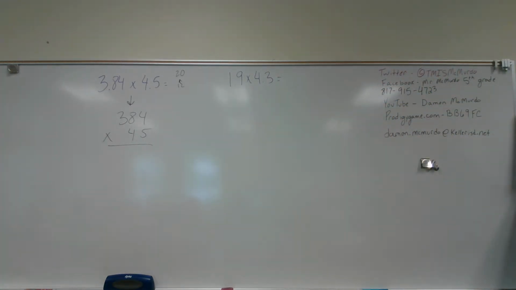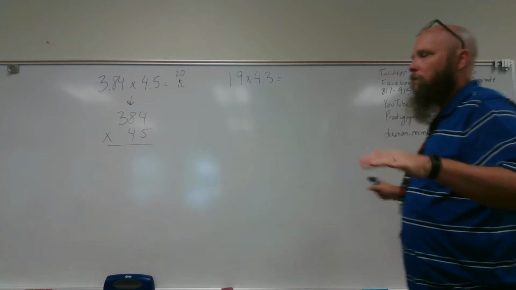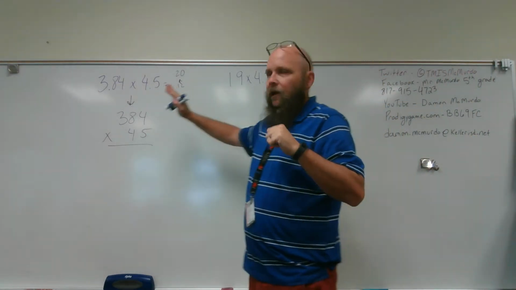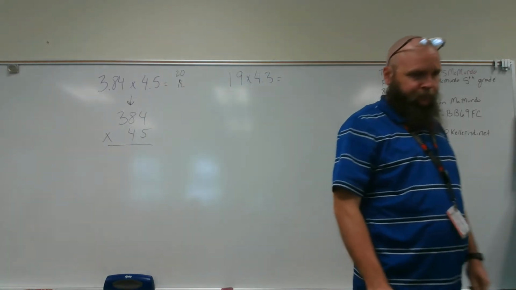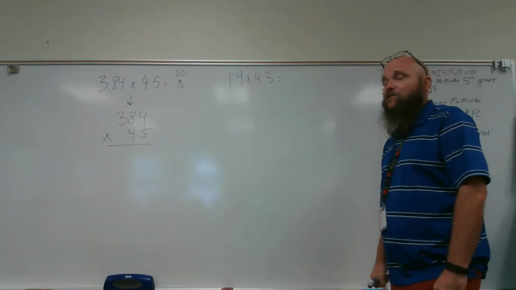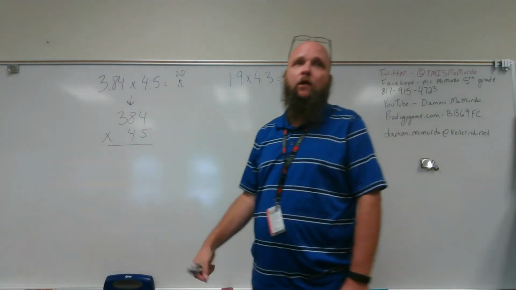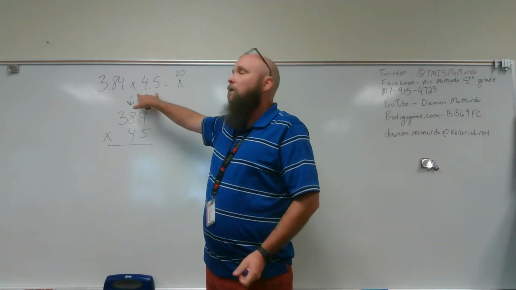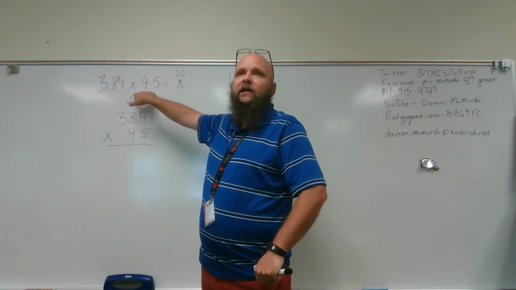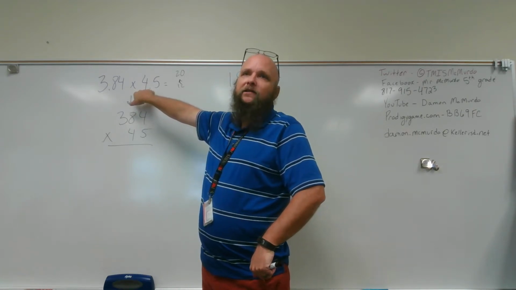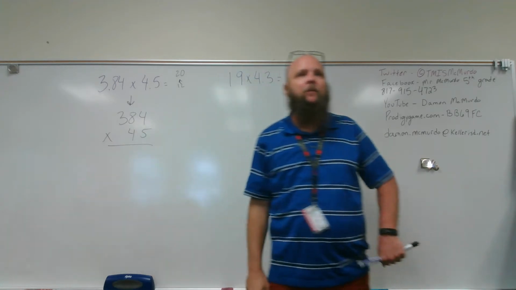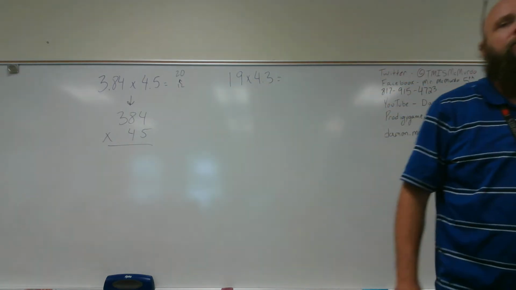Rewrite it, ignoring the decimal points. Anytime you're multiplying with decimals, rewrite it, ignoring the decimal points. That's going to eliminate some errors. Because what I saw was people multiplying, leaving the decimals in there, and then lining them up. No.